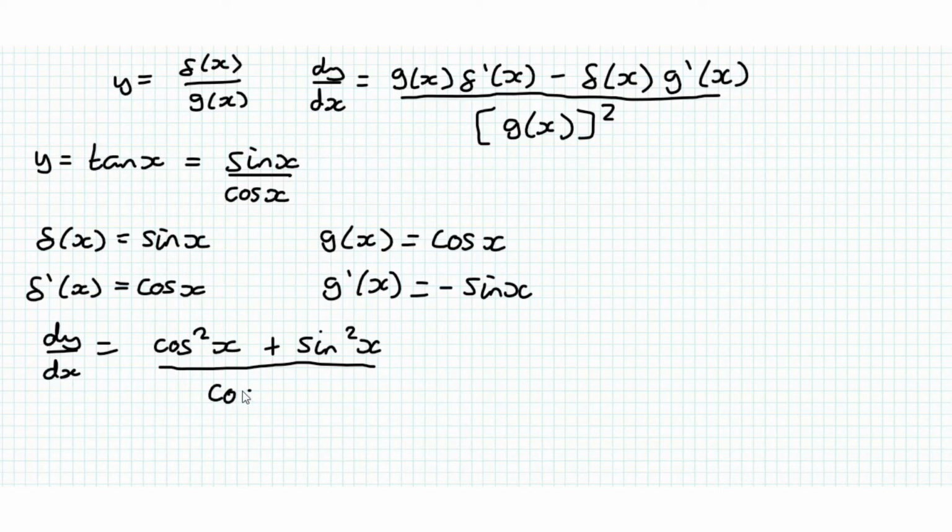So that's cos squared x plus sine squared x, which is equal to 1, so this is just equal to 1 over cos squared x, which is equal to sec squared x.